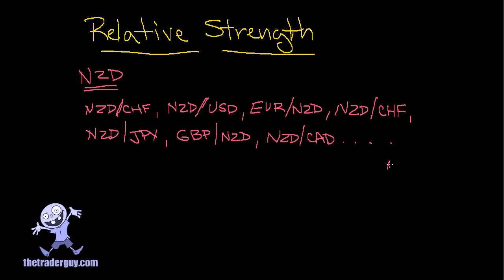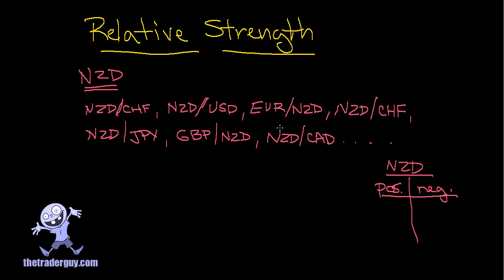So what I'll do is I'll write down the currency, and then I'll write down positive or negative. And I go through and I make a little table. And I go through each of these charts and I look for the trend. I look at what it's been doing over the last several months. And let's just say there were a total of a dozen possible currency pairs involving the New Zealand dollar that I could look at.